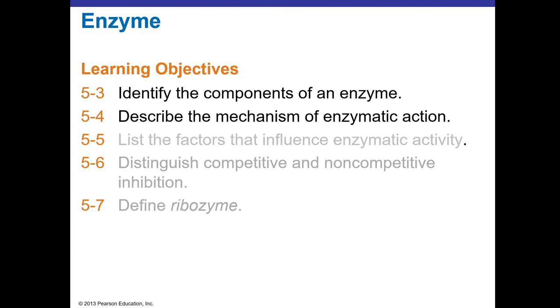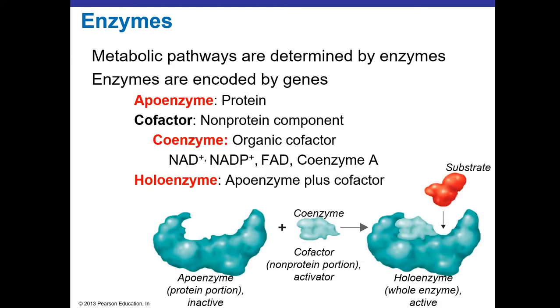Before we start talking truly about catabolism, just a little bit of information about enzymes and their action. Enzymes are proteins, and when it's just the protein itself, we usually refer to that as the apoenzyme. Many of these proteins have essential cofactors or coenzymes.